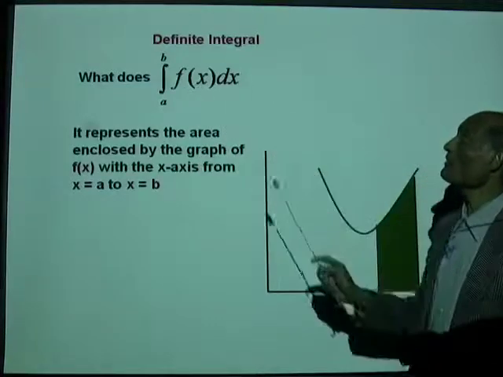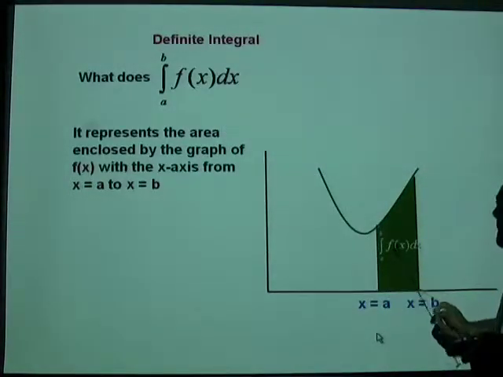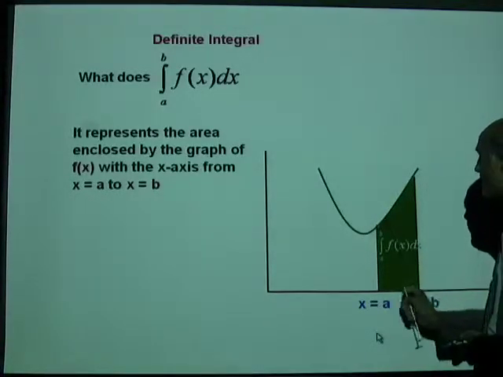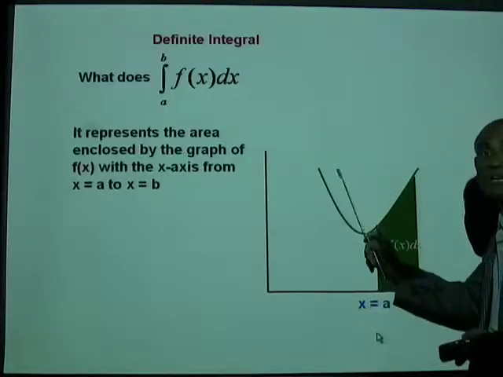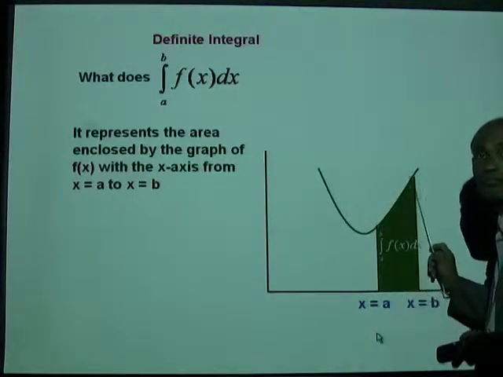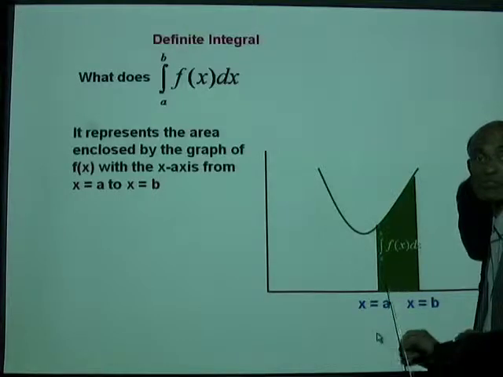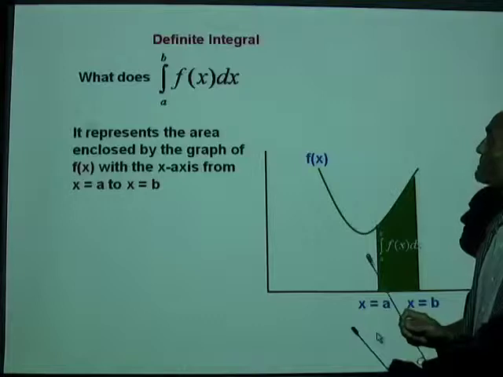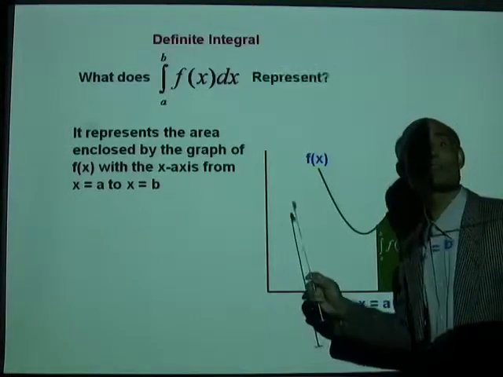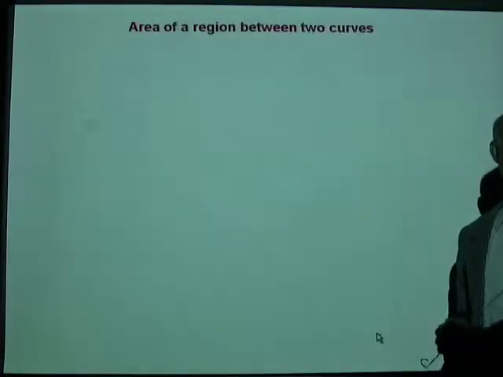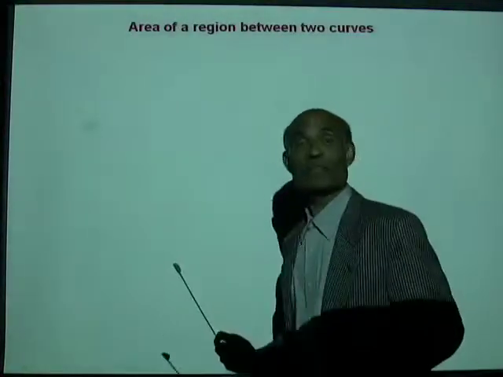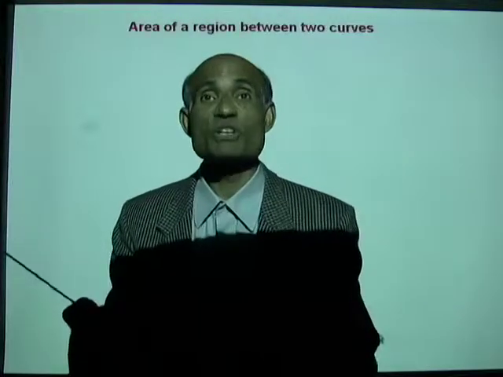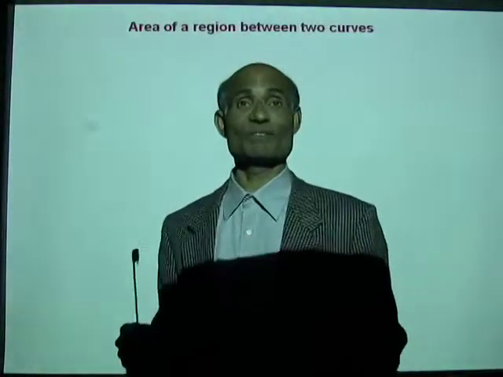So the integral from a to b of f of x dx represents the area enclosed by the graph of f of x with the x-axis from x equal to a to x equal to b. And that must be very, very clear, and we will be using this as we move on. Alright, that leads us to the concept of the area of a region between two curves.